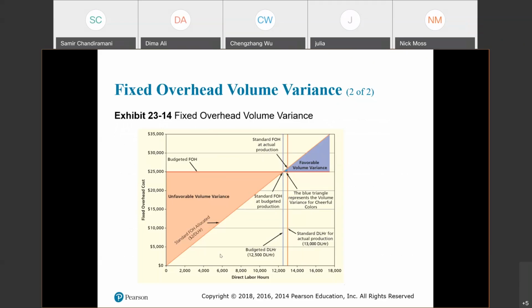The small blue triangle bounded by the budgeted fixed overhead, standard fixed overhead allocated, and standard direct labor hours lines represents the favorable fixed overhead volume variance in this example.